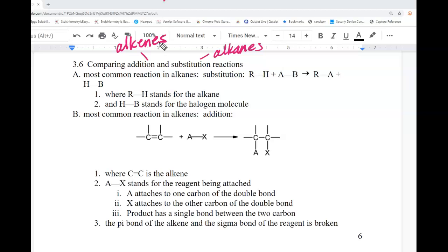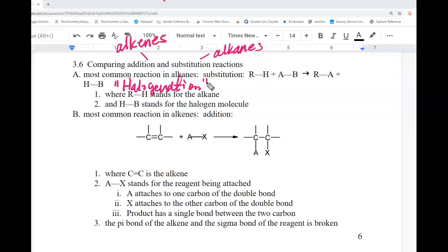As you can see, the most common reaction in alkanes involved the substitution of an H out and one of the A or the B attached to the carbon chain. We mainly did this as halogenation. That's what we basically have seen so far.